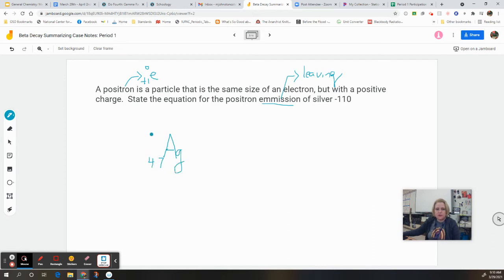The problem told me that it has a mass number of 110. And again, since it's spitting out a positron, the positron goes on the right side of the equation. Now I have to figure out what number added to 1 makes 47, and that's going to be 46. 46 plus 1 is 47.